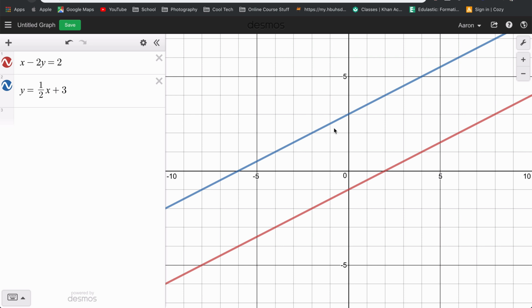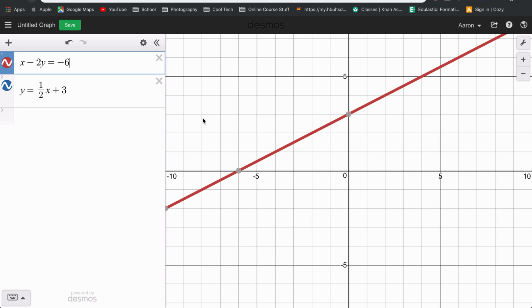So let's take a look at the last scenario that can happen when we're looking at a system of two equations. So if I change this red line again to be x minus 2y equals -6, we can see that now my red line is just graphed exactly on top of my blue line.